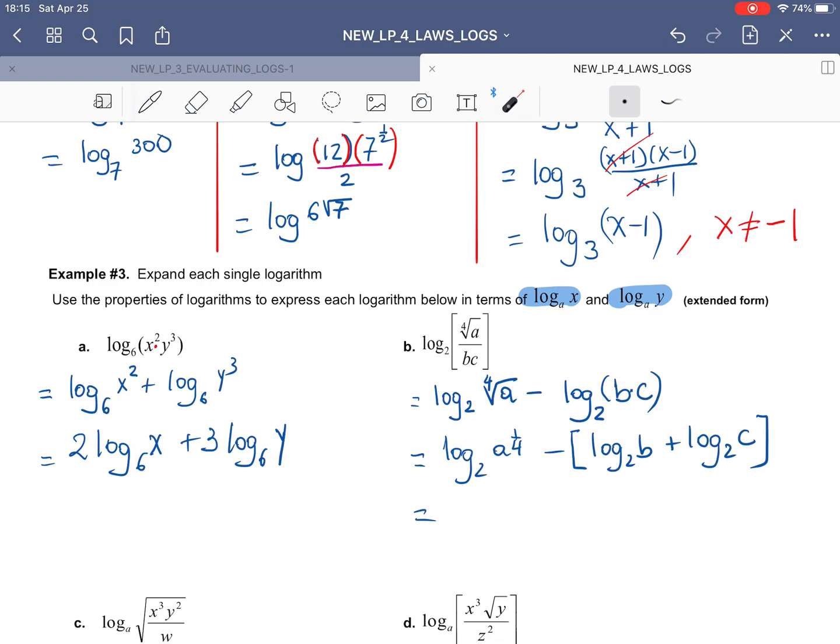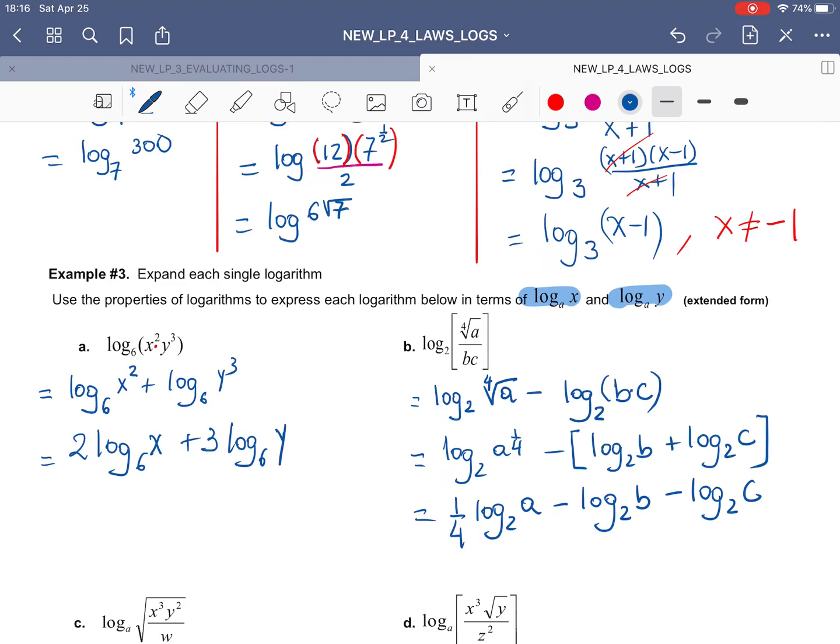So in this term we need to take care of the power because we just want to have a right in here, and that means we have to write 1/4 log with base 2 of a minus log base 2 of b minus log base 2 of c. Okay, so this is one way of dealing with this.